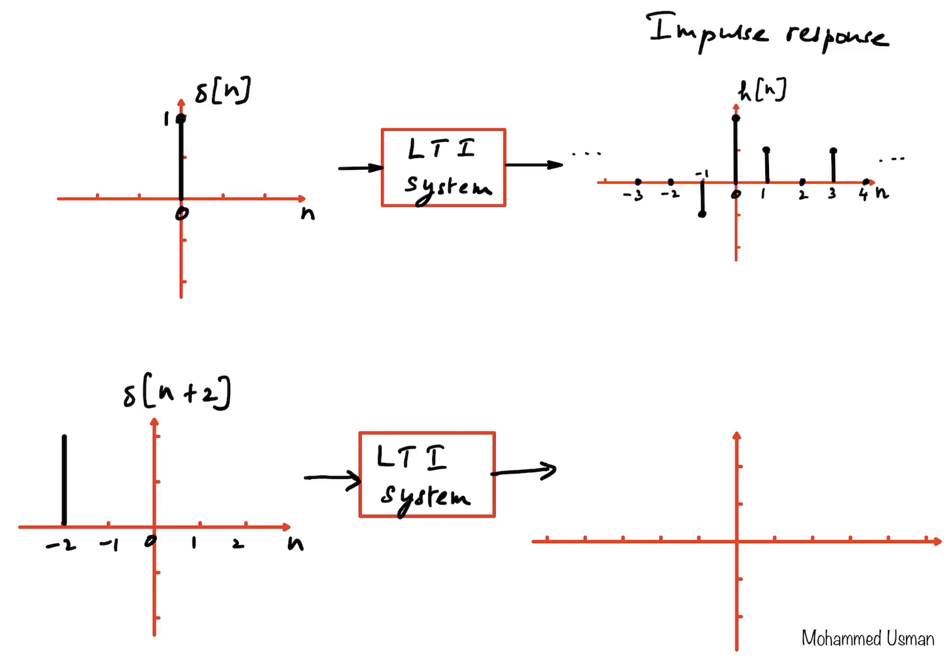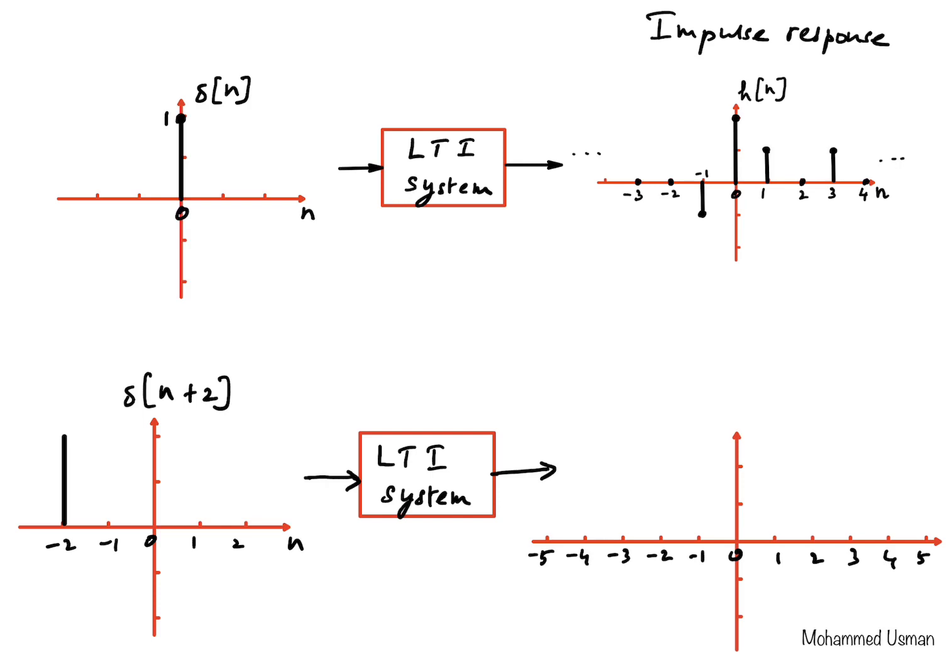So whatever is occurring at -3 will get shifted to the left by 2. Each of these samples will get shifted to the left by 2 time units. So what is occurring at -3 will go to -5. The value at -2 will go to -4, and so on. So let's mark the axis values. That's 0, 1, 2, 3, 4, 5, -1, -2, -3, -4, and -5.